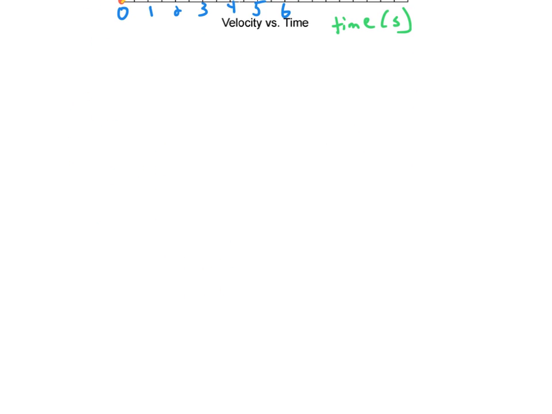So it looks like I got moved on to my next sheet. All right, so again, time goes on the x-axis, measured in seconds. And then this is going to be velocity as measured by meters per second. And we can count by twos here, maybe 0, 1, 2, 3.